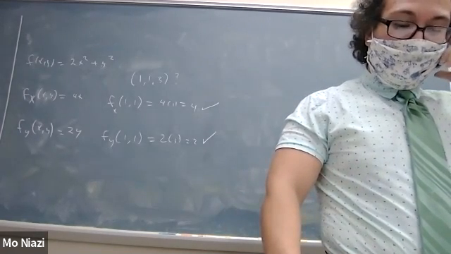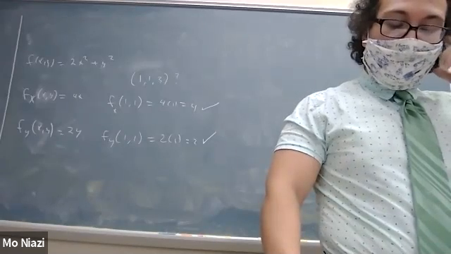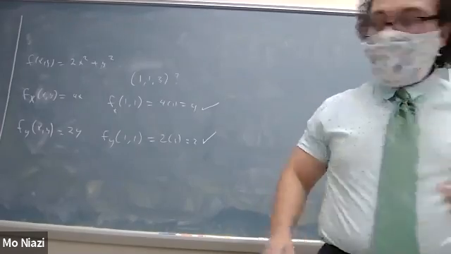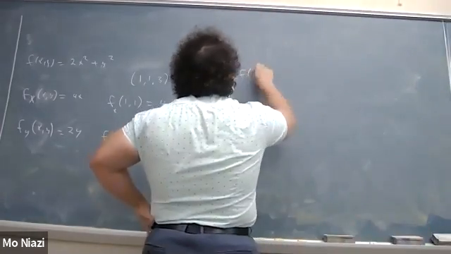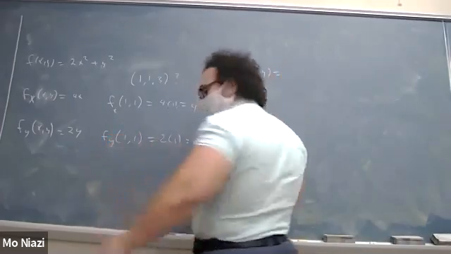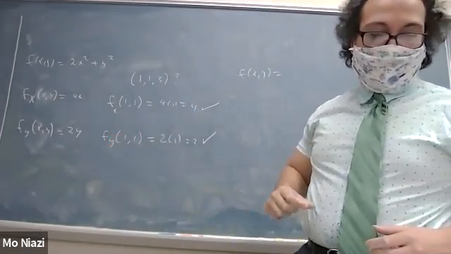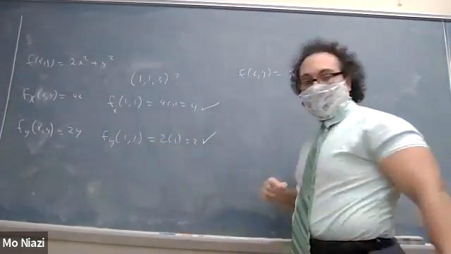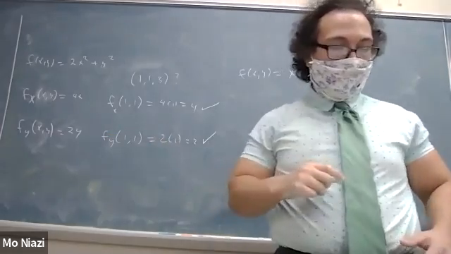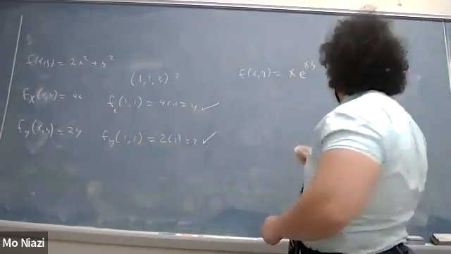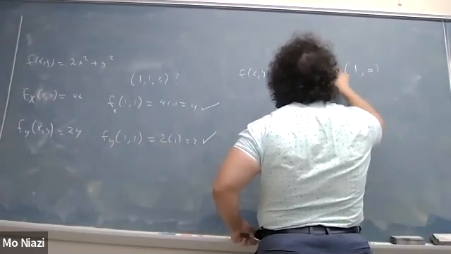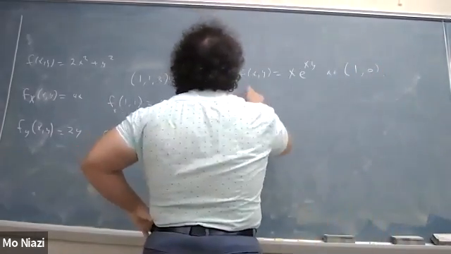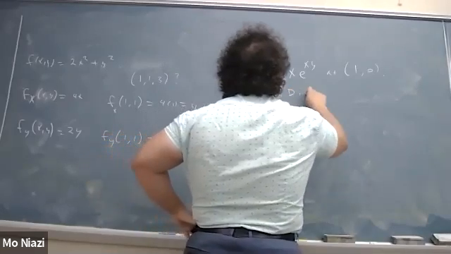So let's apply this concept to a different function than just this function 2x squared plus y squared. Let's do another function. We're getting bored of this guy. Let's say x e to the xy. Let's say this is our function, and let's say our point of interest is (1, 0). Okay. Is it differentiable?